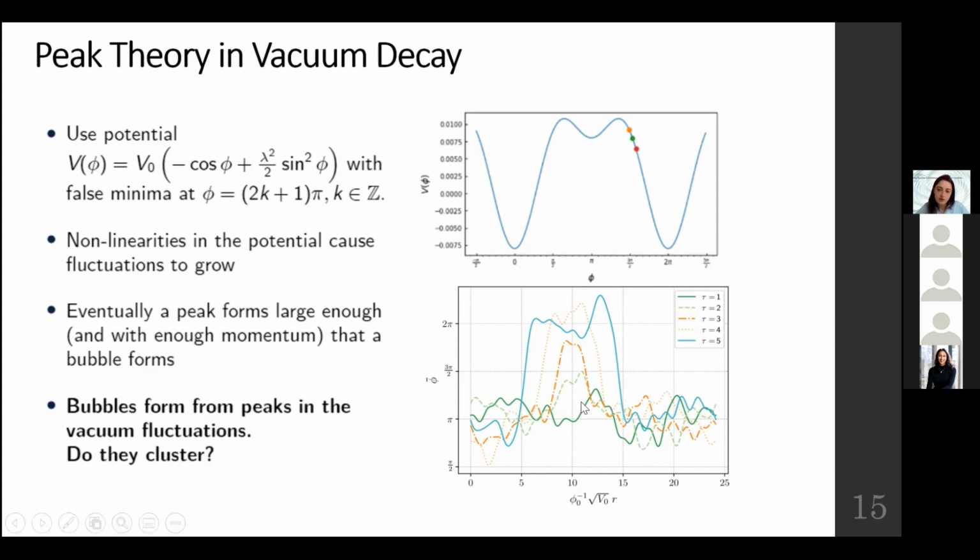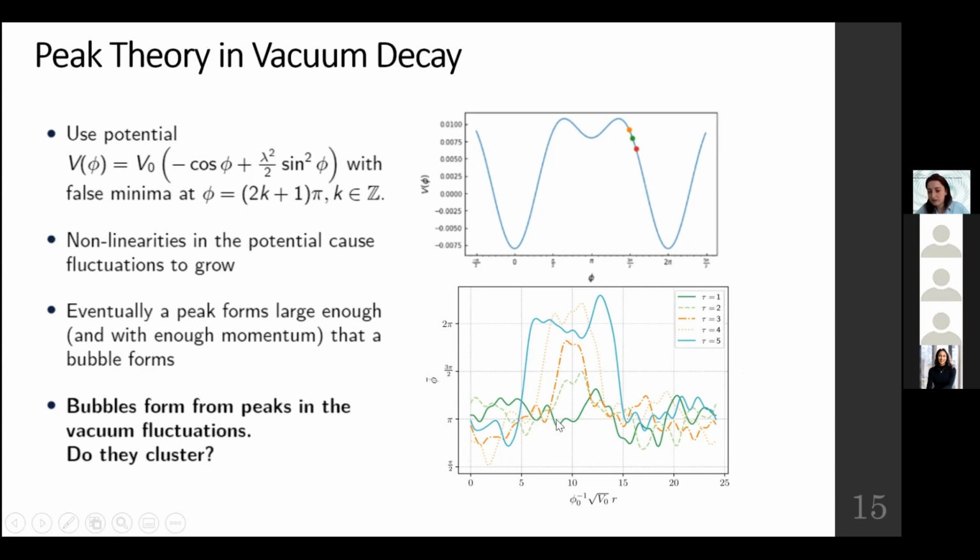So, okay, this is a pictorial representation of this process. I'm taking here a snapshot of the field, field amplitude as a function of lattice position. And I'm plotting here different snapshots of this field at equally separated time instances.